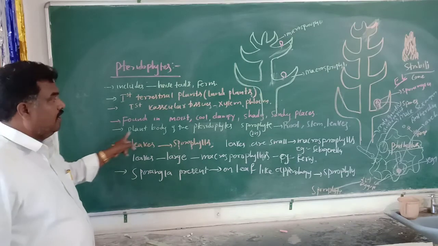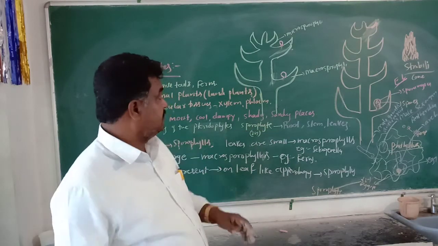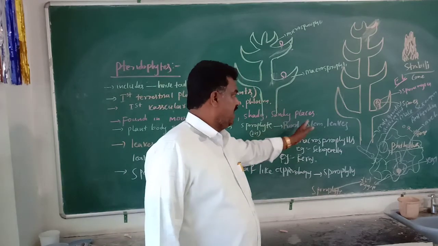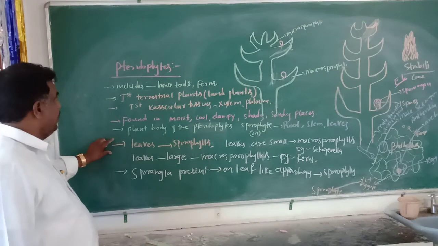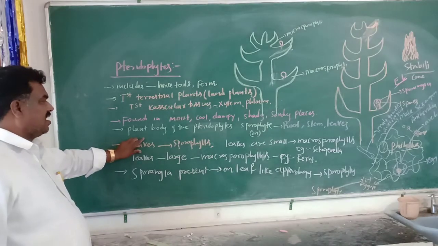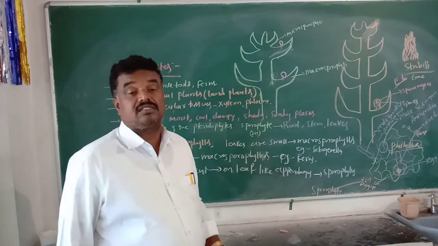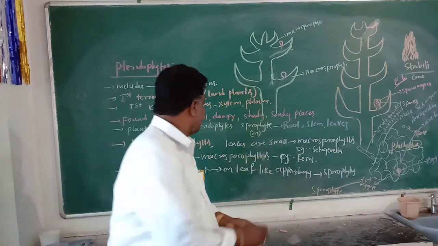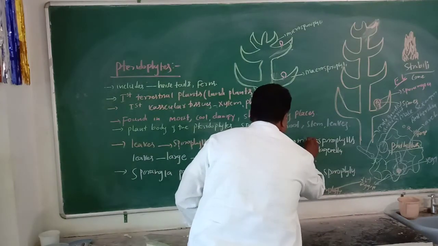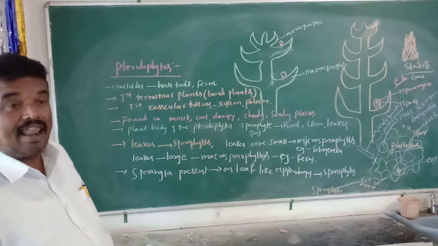Now the plant body of the pteridophytes is a diploid sporophyte, and it is differentiated into roots, stem and leaves. In pteridophytes the leaves are called sporophylls. In some pteridophytes the leaves are small in size and are called microphylls, for example Selaginella.